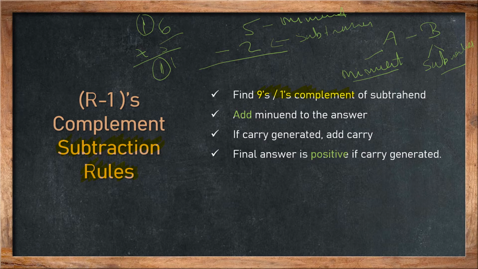Keep in mind that the answer is positive if carry is generated, and if there is no carry, the answer would be negative. So these are the basic rules to perform the subtraction operation using the r-1's complement method. Let's start with the calculation.